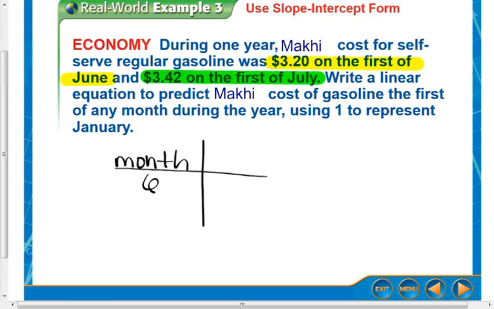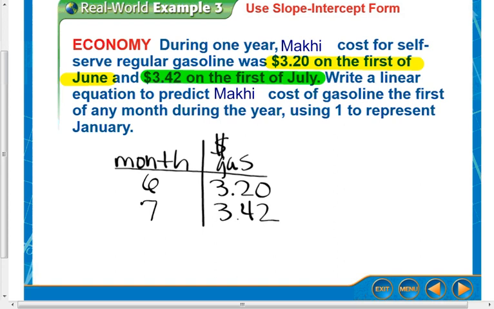And then for July, it's 7, right? Now we want to come up with our cost for gas. And in June, it was $3.20. And in July, $3.42, right? Okay.